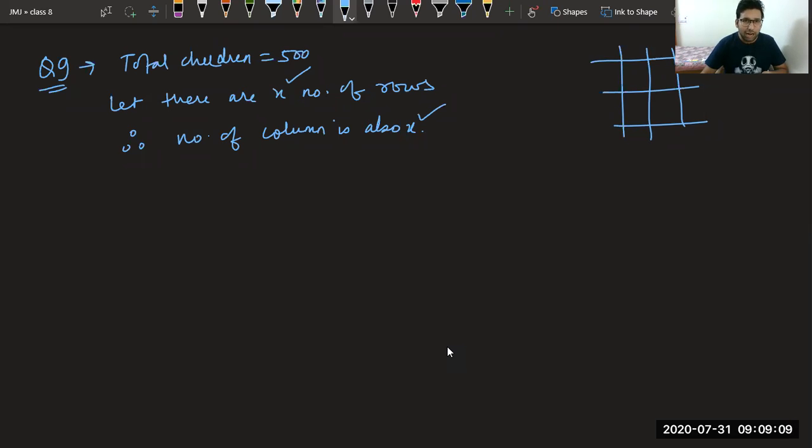Now tell me, how many students are there if there are x rows and x columns? Okay, before that let me change it. If there are 3 rows, R1, R2, R3, and 3 columns, C1, C2, C3, how many students are there, beta? Please tell me.